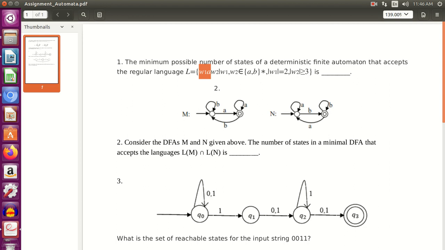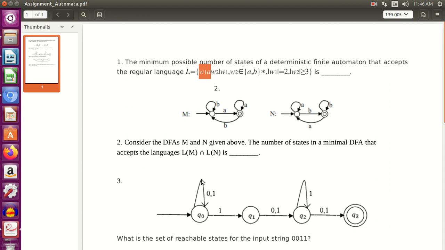So the first thing you try to do is deciding the language that the DFA is accepting. If you cannot find any relationship between the languages, then go for that process where you go for the intersection of DFAs, or getting the cross product of the DFAs and doing the process in that way. Otherwise, first thing you try to find the language.